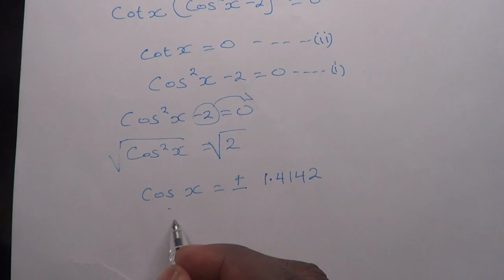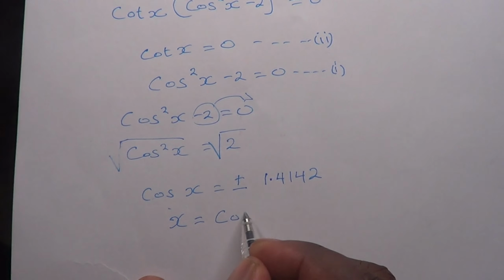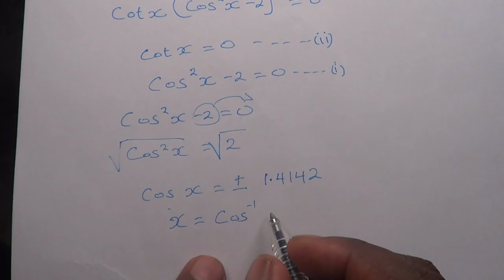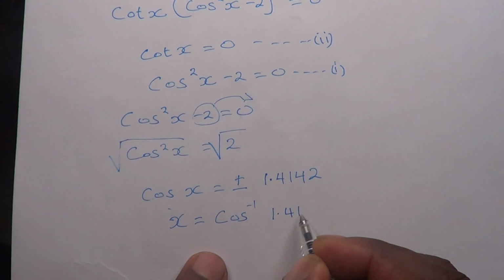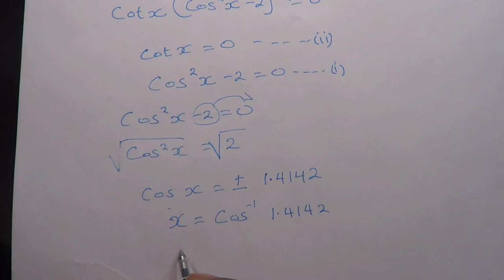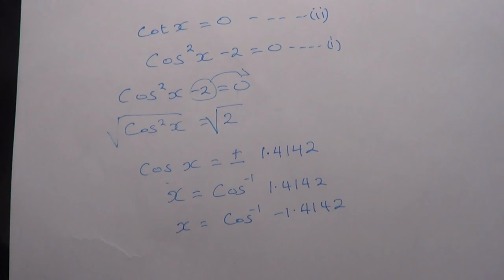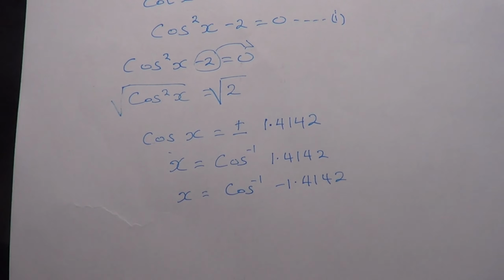Now for me to get x, it will be x equals the cos inverse of, I will pick one of them, that is positive 1.4142, and I will also find the second one, that is the cos inverse of negative 1.4142. Now there's something I need to show you here. This one you cannot get the answer of.